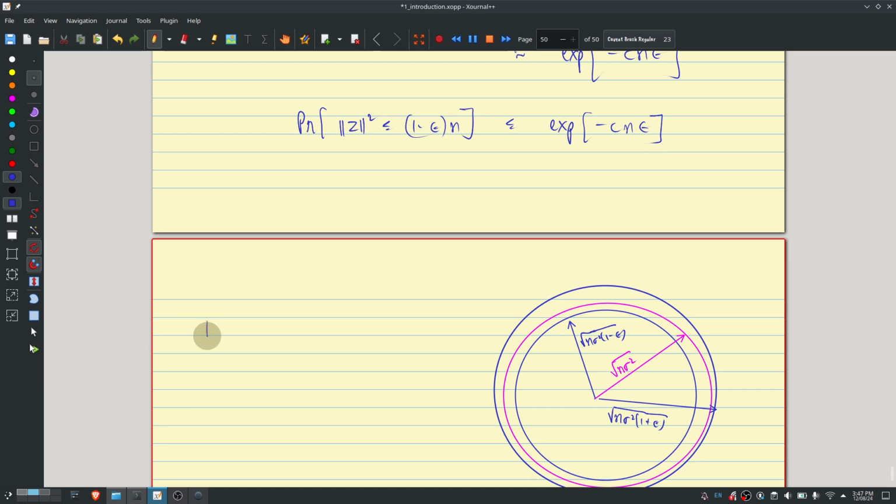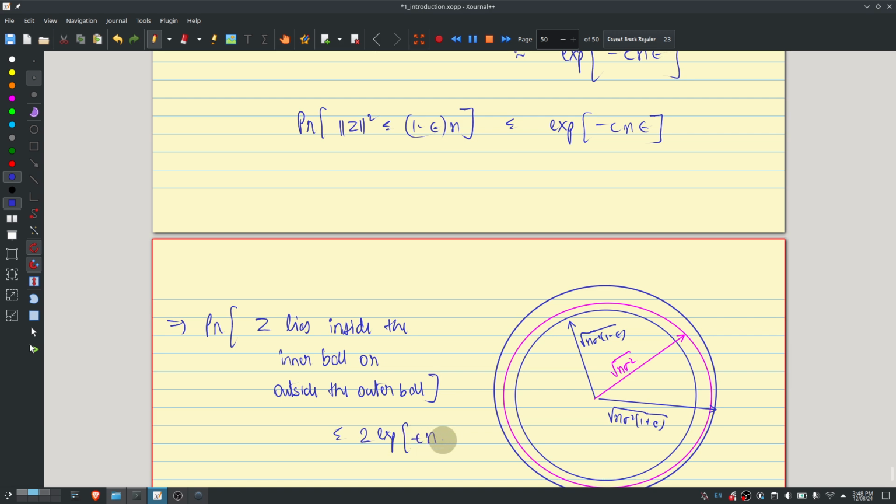So the probability that z lies inside the inner ball or outside, this is 2 times e raised to minus some constant times n times epsilon.